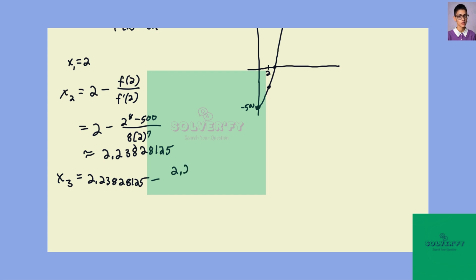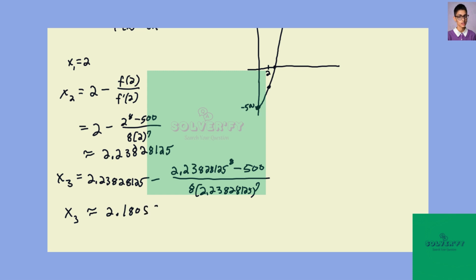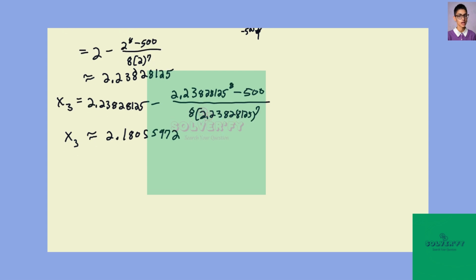So 2.2382825 raised to the 8th power minus 500, over 8 times 2.2382825 to the 7th power. And if we plug that in the calculator, that gives us approximately 2.18055972 if we round that to 8 decimal places.